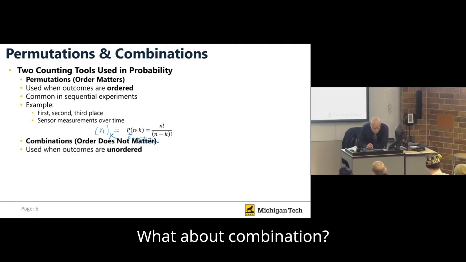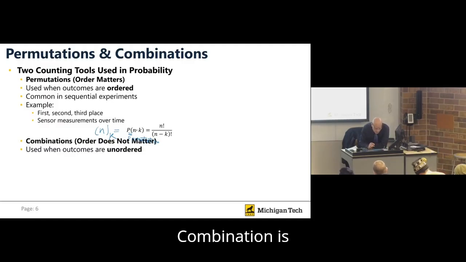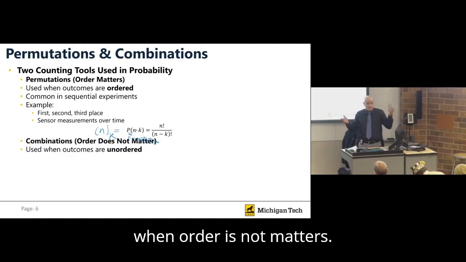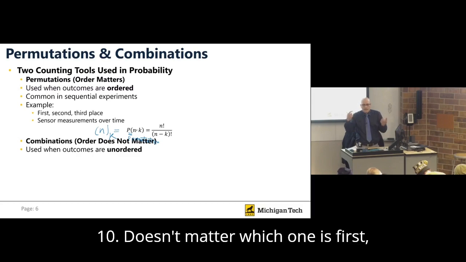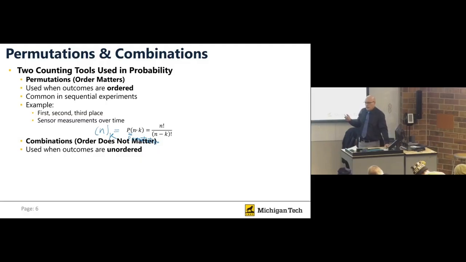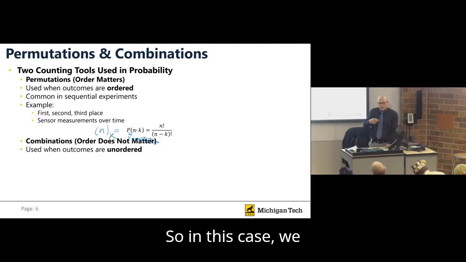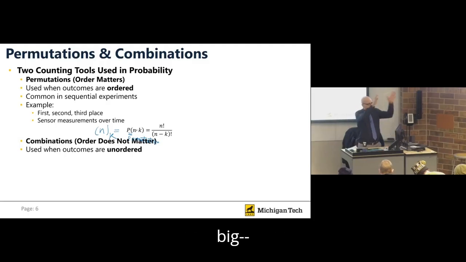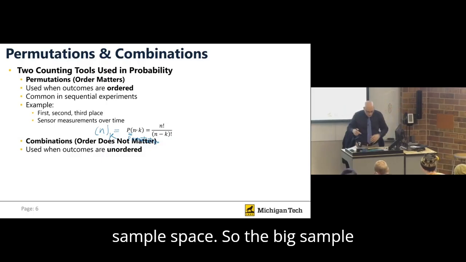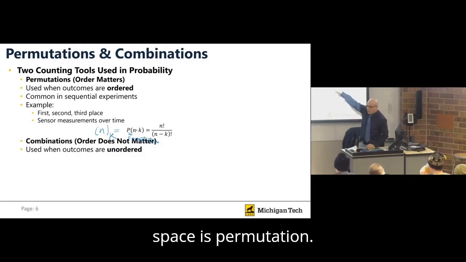What about combination? Combination is when order does not matter. You have a bin of resistors, and you are selecting 10. It doesn't matter which one is first, which one is not. In this case, we need to eliminate some numbers from the big sample space. The big sample space is permutation.